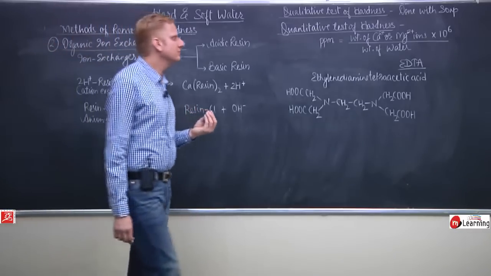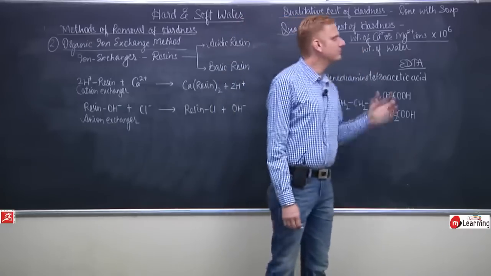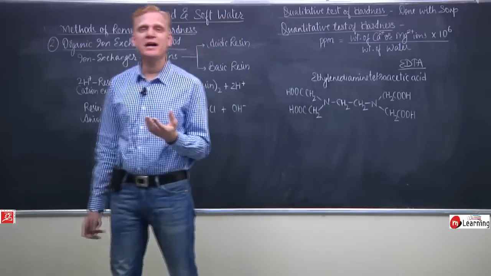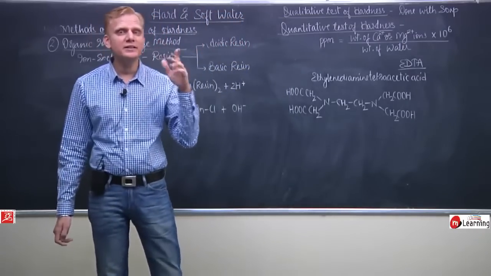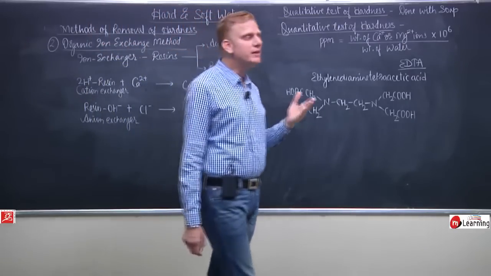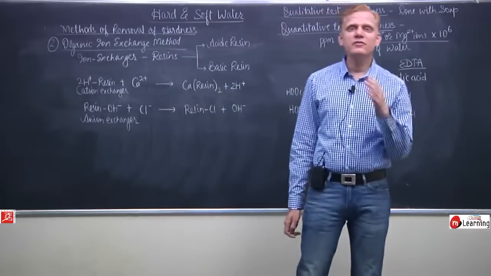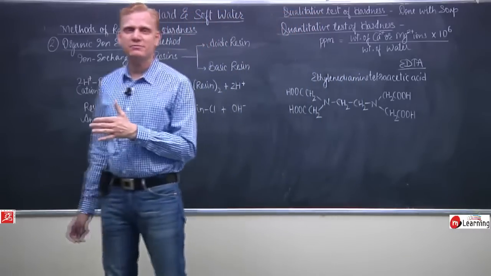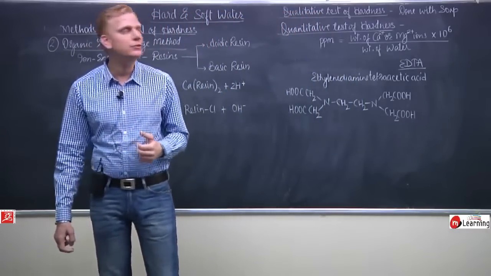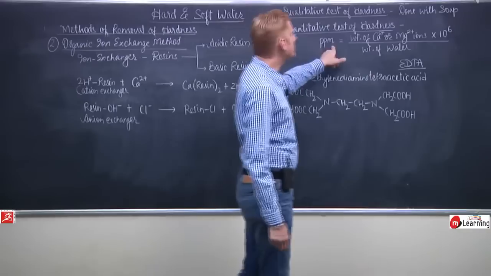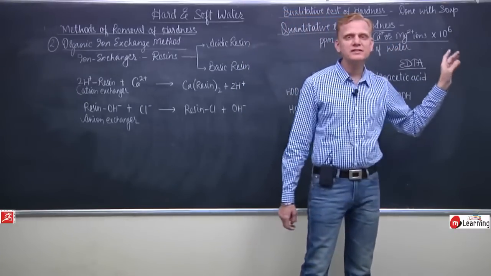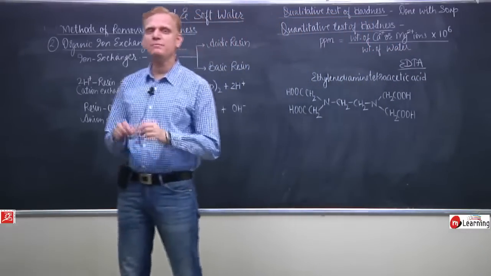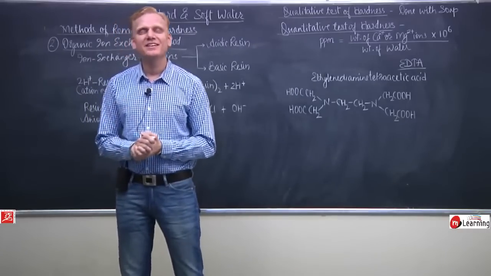Suppose I get 1 gram of calcium ions or 1 gram of magnesium ions in that quantity. The quantity I said, 1 million gram. So in 1 million gram of water, if I get 1 gram of calcium, just for example I am telling you, so the ppm concentration of hardness causing substances will be 1 ppm, 1 parts per million, right?